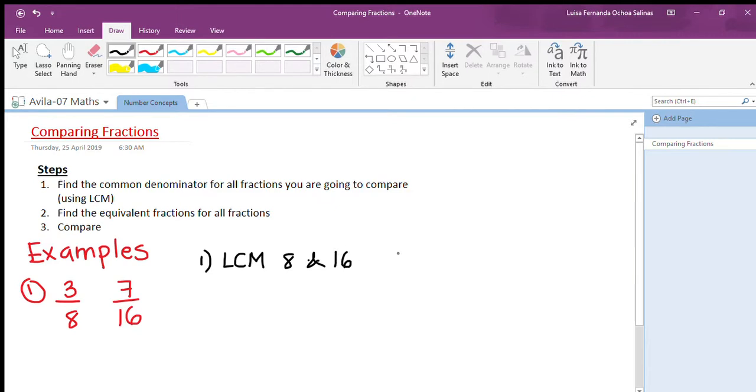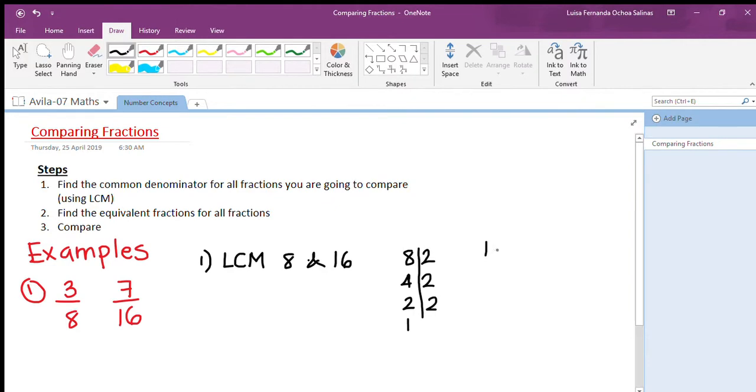Perfect. So to do that, we have to find the prime factors. Some of you may already have seen what the lowest common multiple between these two is, but I'm going to explain the whole procedure here. So we have a complete example. 8 divided by 2 is 4, divided by 2 is 2, divided by 2 is 1. Perfect.